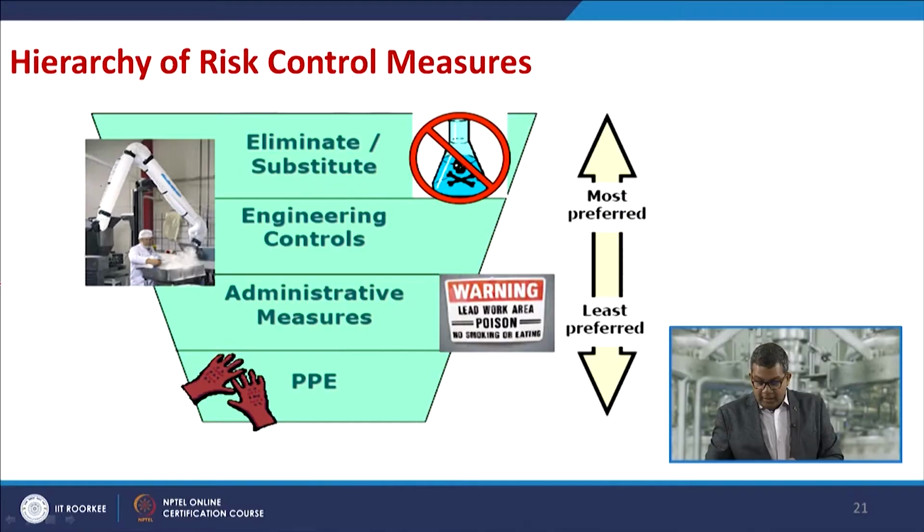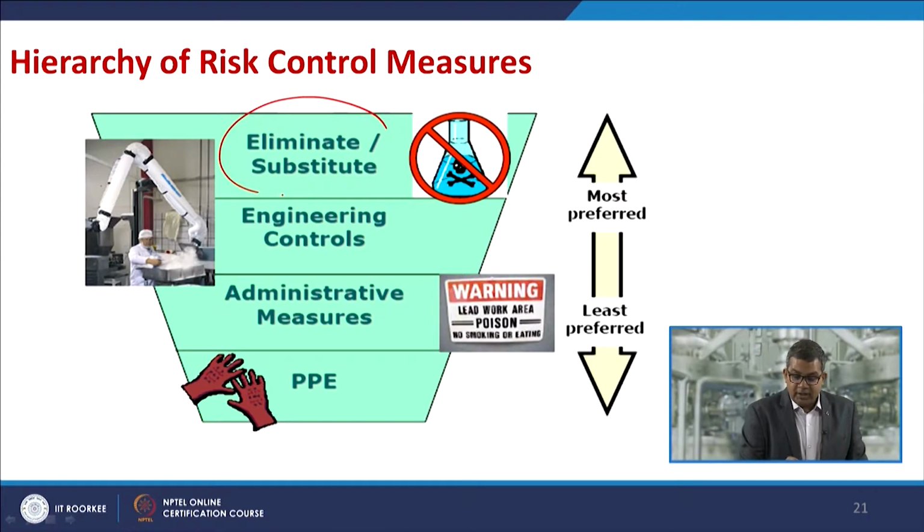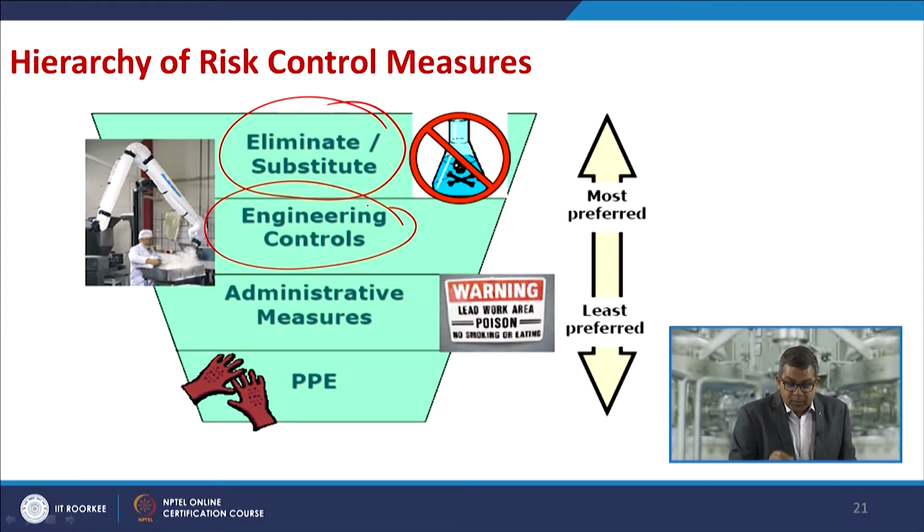Now since we had a discussion about the hierarchy, let us have a look at the hierarchy of risk control measures. You may eliminate or substitute the hazardous substance, which is again subject to the chemical kinetics or yield or conversion, etc. Then you may go ahead with different types of engineering controls.